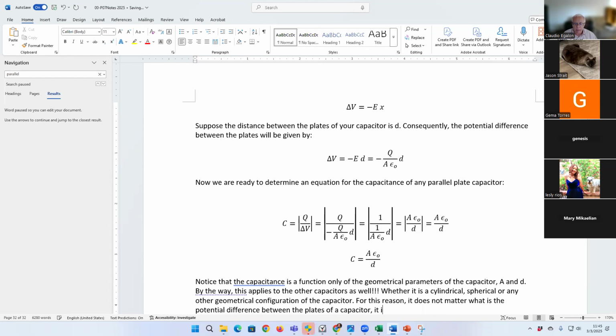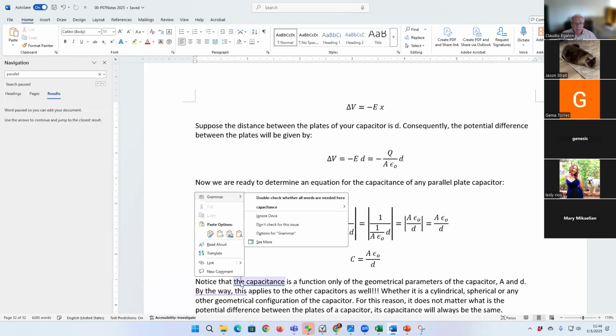Its capacitance will always be the same. Whether you have 1 volt between the parallel plates of a capacitor, 2 volts between the parallel plates of the capacitor, 3 volts, and so on, the capacitance will always be the same. Okay?